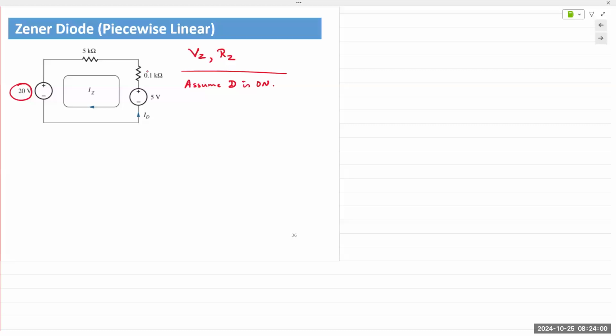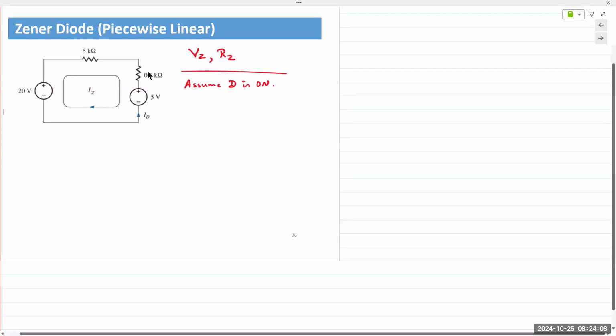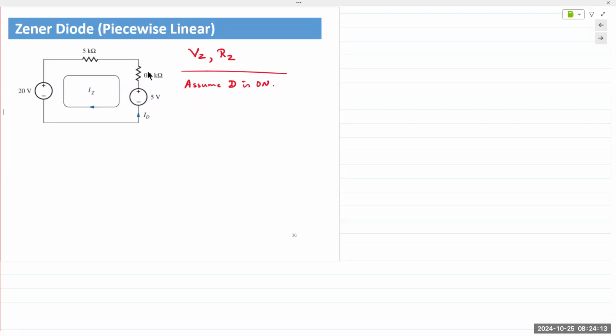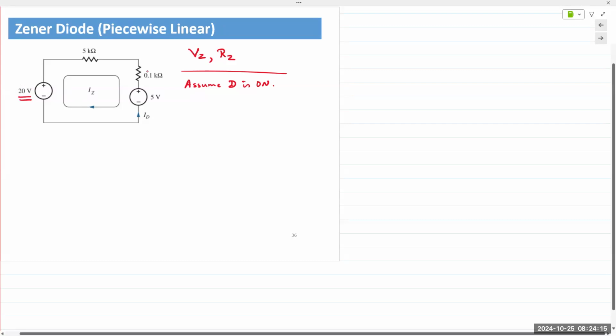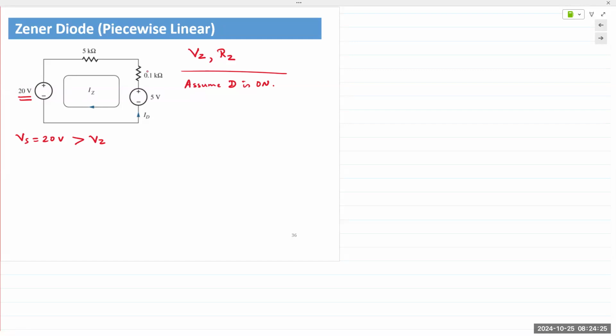If the input voltage was smaller than the Zener voltage, then it would not turn on. For a Zener diode to turn on, the supply voltage coming into the Zener must be larger than the Zener voltage. And in this case, we see Vs, the supply voltage, is 20 volts, which is larger than VZ.